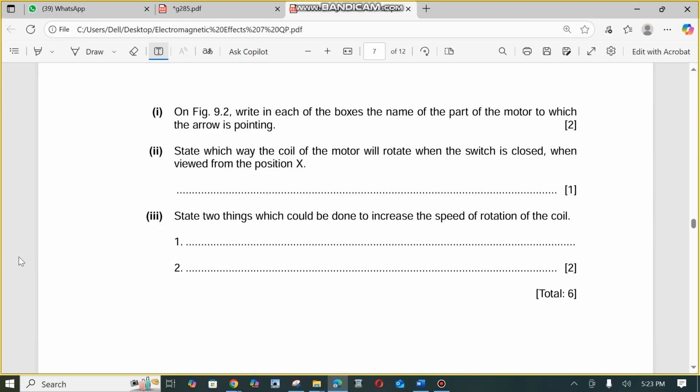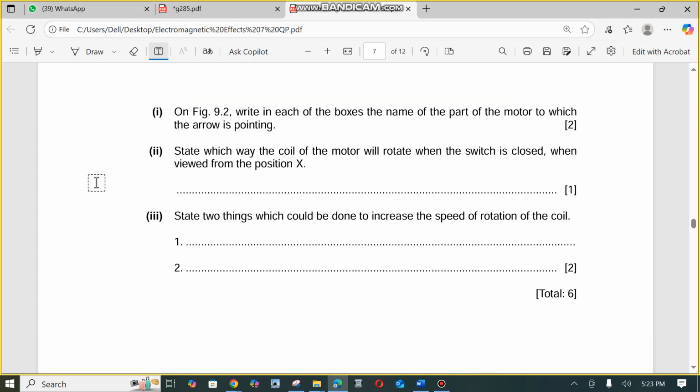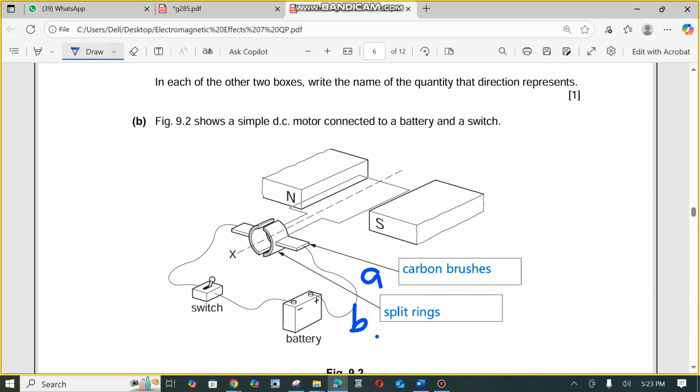State which way the coil of the motor will rotate when the switch is closed when viewed from the position X. Okay, from here you are viewing, Janita, Basil, Muazzam, Abdullah. So will it rotate in this direction or will it rotate in this direction? That is the question they have asked.